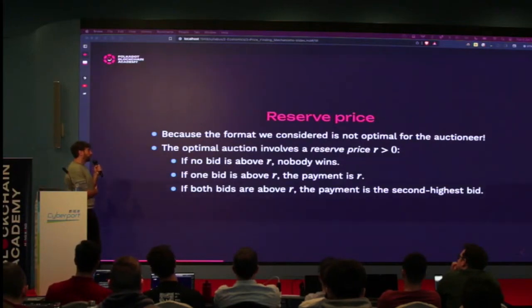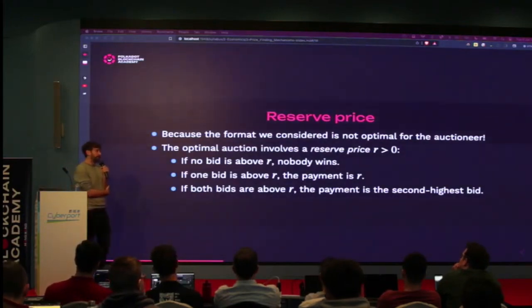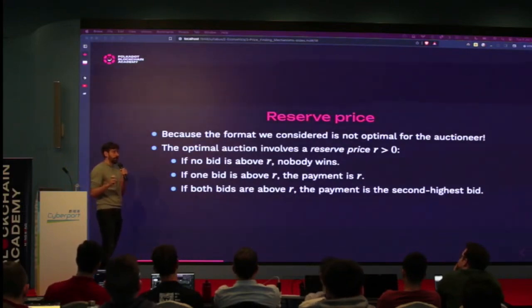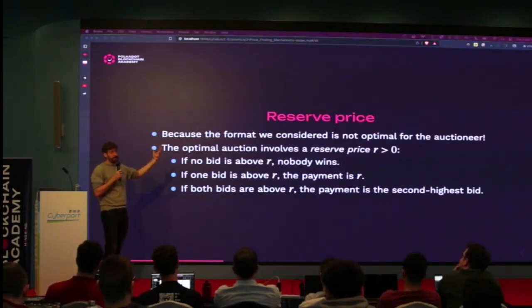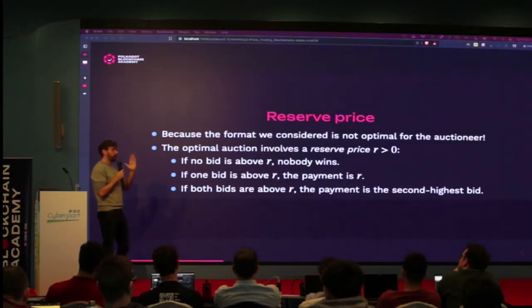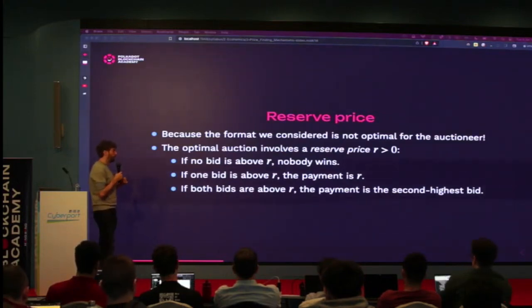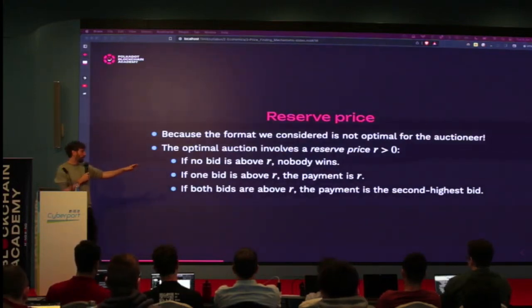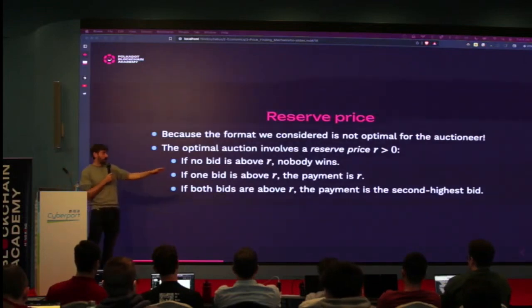If one bid is above R, the payment is R, right? Because we have this second payment rule, where you could also think of it like Selena is actually participating in the auction herself, and she's posting a bid of R. If only one bid is above R, then R is basically the second bid.